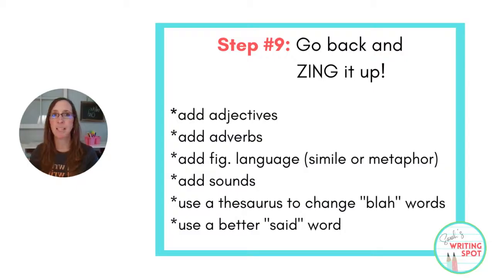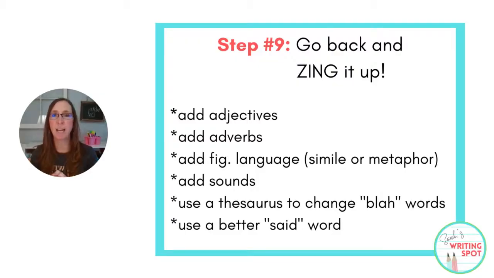All right, step 9. Go back and zing it up. Yes, I'm talking about revising again, but this time I've got a list of things that you can revise for. So with narrative writing, I love to spend a day or two going back with the students and adding adjectives, adding adverbs, adding figurative language, adding sounds, using a thesaurus to change out those blah words, and finding better words to use than said.